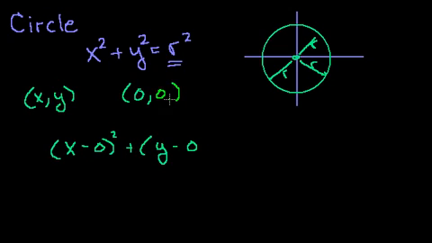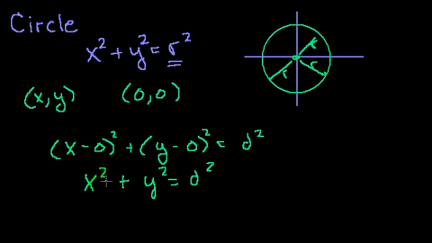So that's y minus 0, squared. And that is equal to the distance squared. If you simplify this, x minus 0 squared is just x squared, plus y squared, is equal to distance squared.